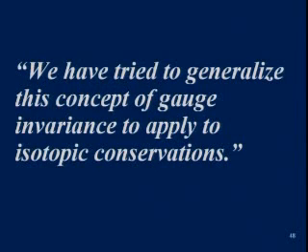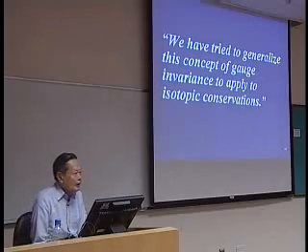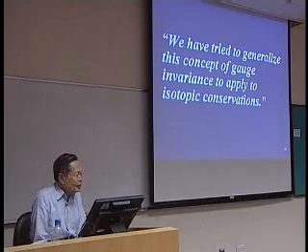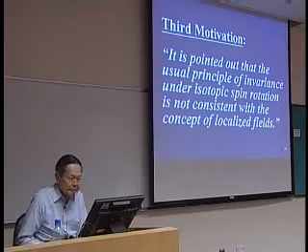We have tried to generalize this concept of gauge invariance to apply to other symmetry laws, conservation laws. What we applied it to was the isotopic conservation. Isotopic spin was found to be an experimental conservation law. So we are asking, here is a conservation law somewhat similar to conservation of charge. Should it also generate an interaction?